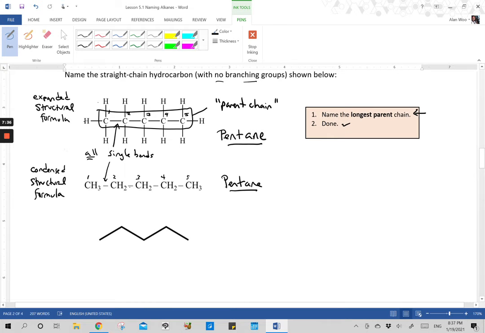If we look at the third one, this is an example of a chemist being even more lazy. I call it a zigzag formula. Most people sometimes call it a stick formula. I don't like using this one because it's easy for new organic chem students to make mistakes.